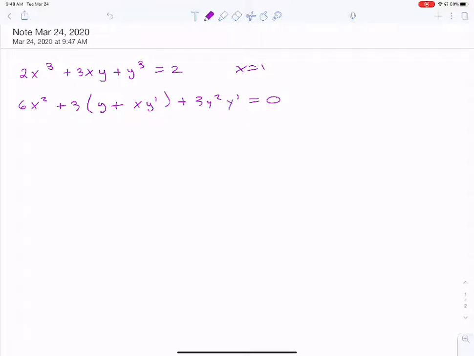Before I continue, because I'm going to have to solve for y prime here, are there any questions on the derivative? I should, of course, double check that I took it correctly. It looks good to me. 3y squared y prime. Yeah, looks good.